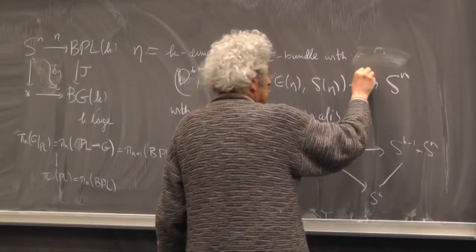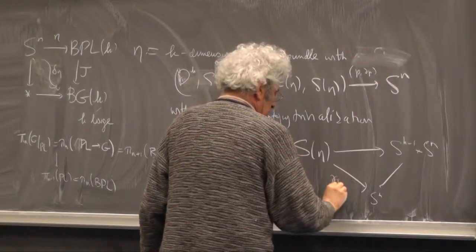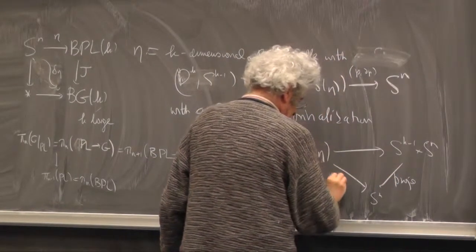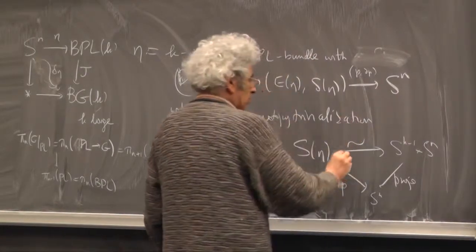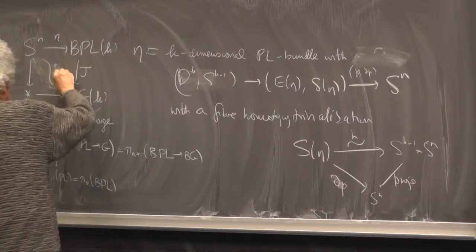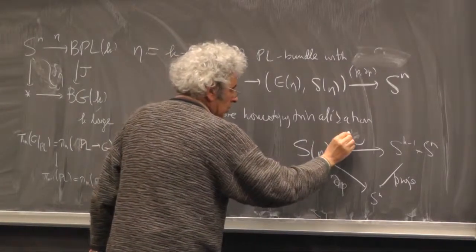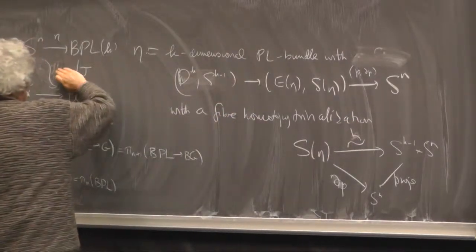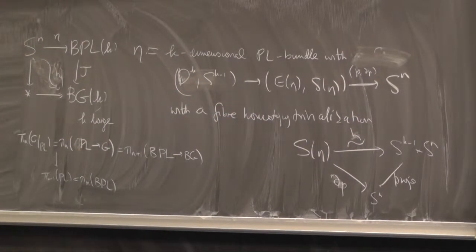So here we've got the projection of the bundle. Here we have the actual projection of the trivial bundle. Here we have this homotopy equivalence, H. Maybe I should call it something else, but actually, H is better. Okay.